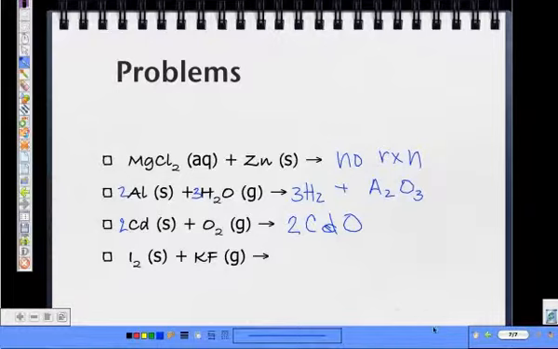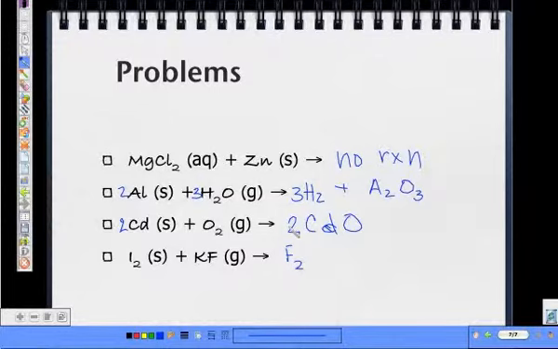The last one, iodine. Is that a cation or anion? Anion. So is it going to replace potassium or fluorine? Fluorine. So we're going to get fluorine. Actually, let me think about that. For anions, if you look down the row of halogens, that is your activity series.